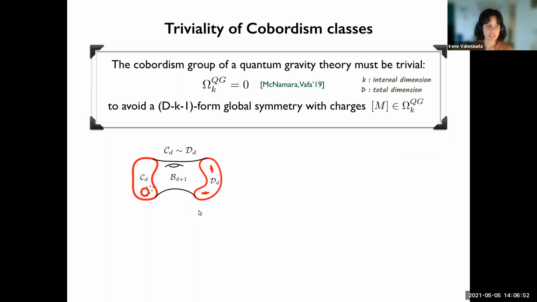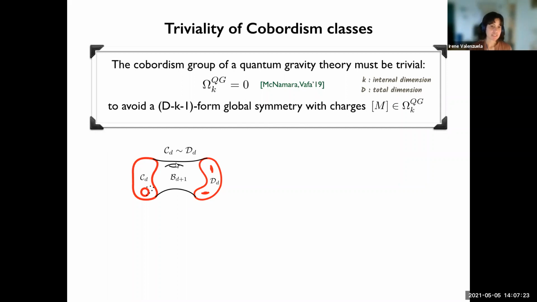It's an equivalence relation, in the sense that if you have two manifolds of the same dimension, these two manifolds are going to belong to the same class in this cobordism group, are going to be bordant to each other, if their union can be understood as the boundary of a manifold of one dimension more. Okay, so it's about classifying what spaces, what manifolds can be boundaries of other ones.